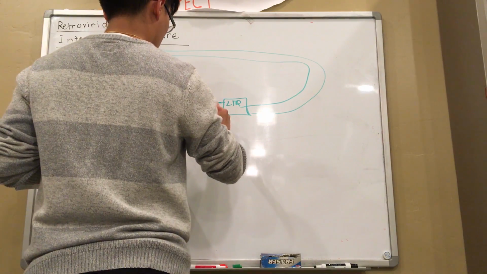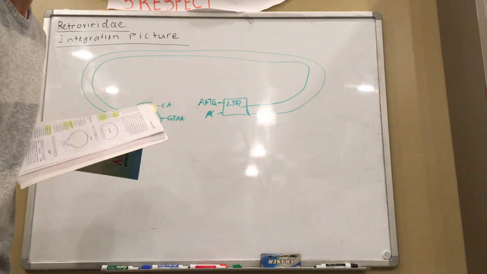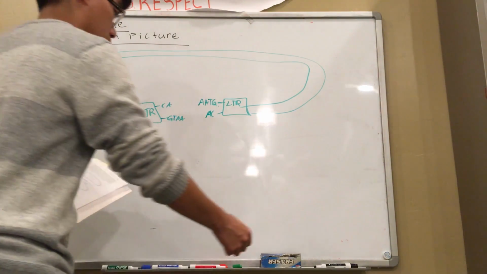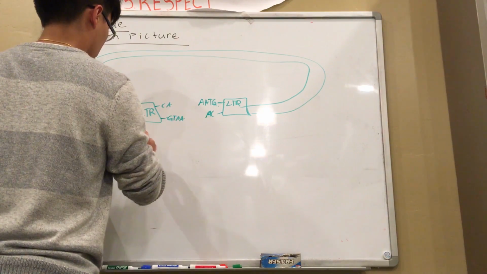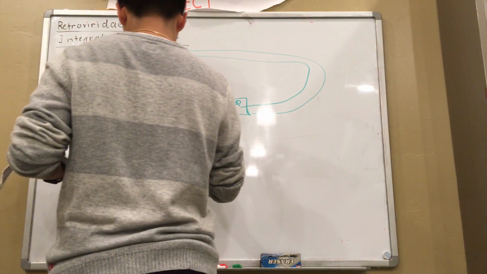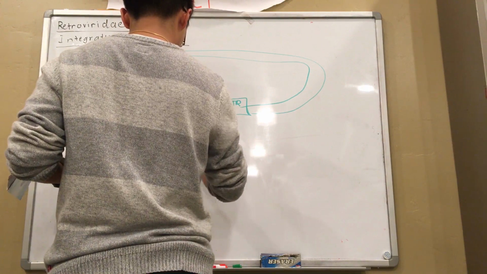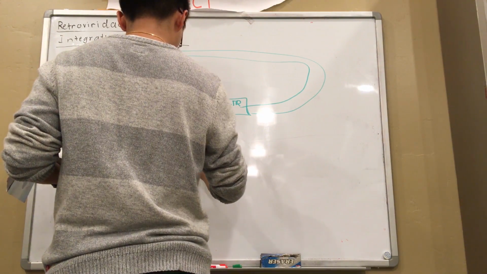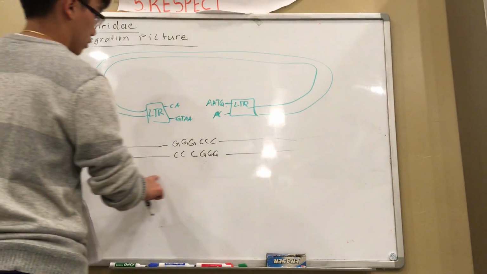So I'll do my best. Now, this is a viral genome. And here is a cell genome. Cell DNA is in black. So here's the cell genome.